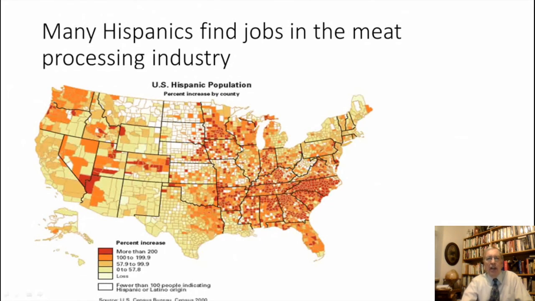So if you look back at that map of meat processing plants, slaughterhouses, Iowa, southern Minnesota, all the poultry belt, all the way through the south that we just saw. So there's a lot of Hispanic population following those job opportunities in the slaughterhouses.